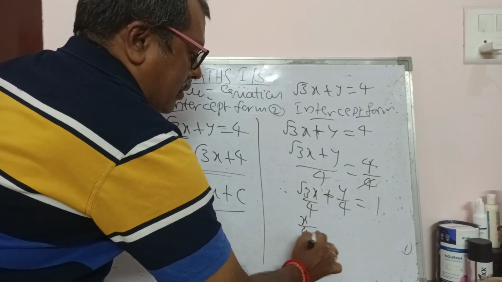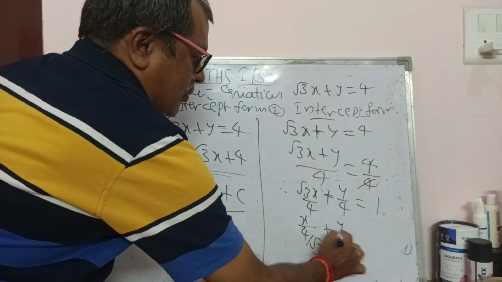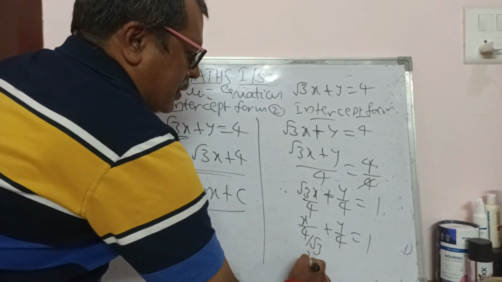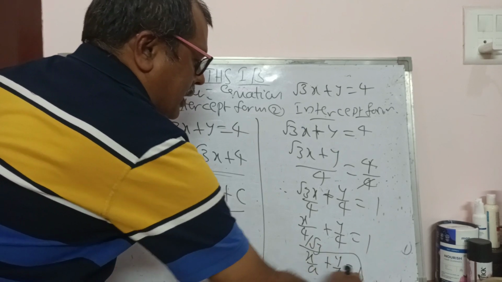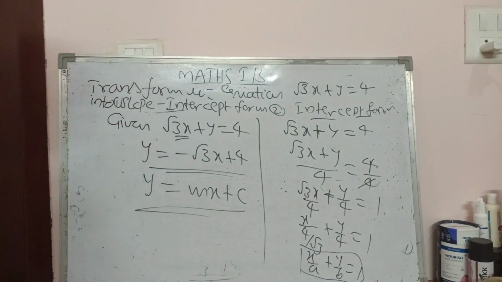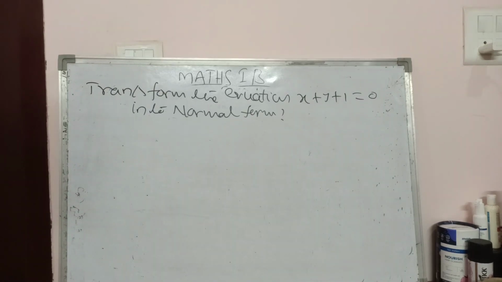So x by 4 by root 3 plus y by 4 is equal to 1. Now it is in the form of x by a plus y by b is equal to 1. This is called the intercept form of the line equation: x by 4 by root 3 plus y by 4 is equal to 1.